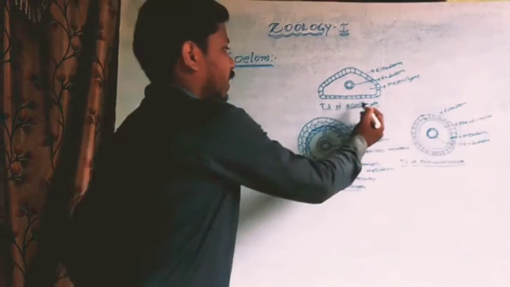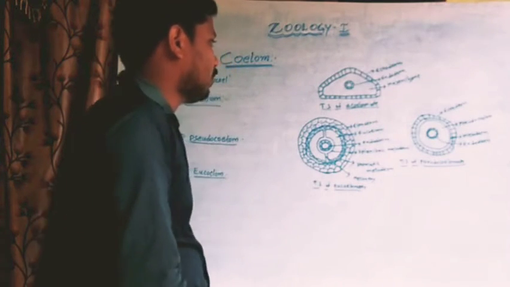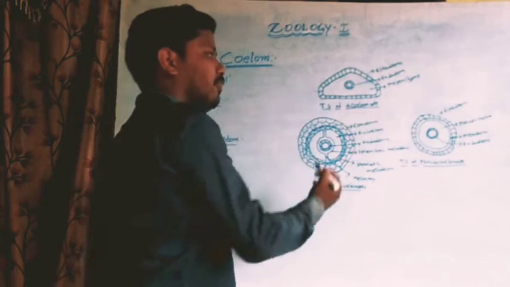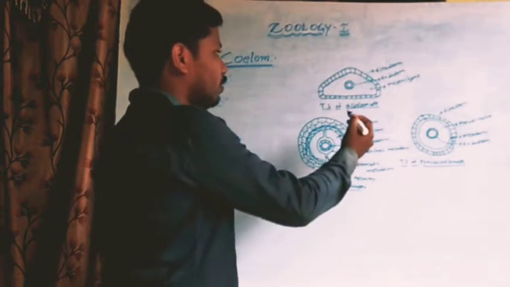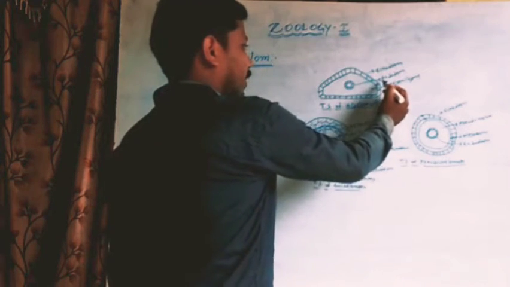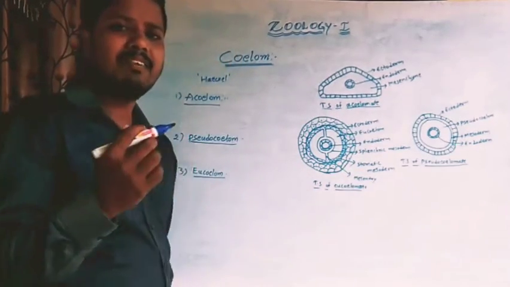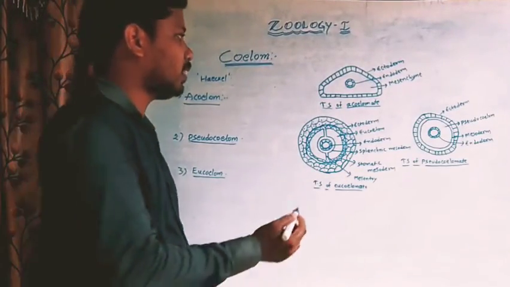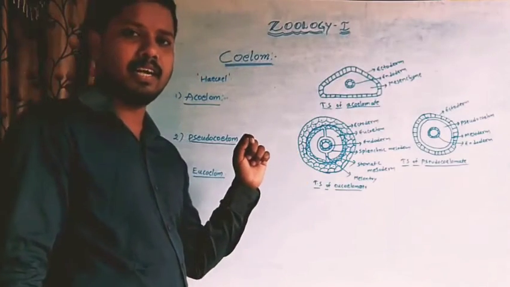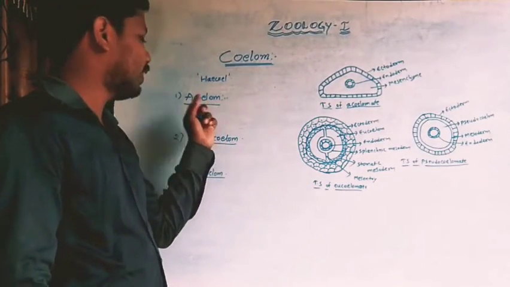We can observe this diagram of TS of acoelom. Here we see ectoderm, endoderm and mesenchyme. Here the cavity does not lie between the body wall and alimentary canal, and this is called acoelom.